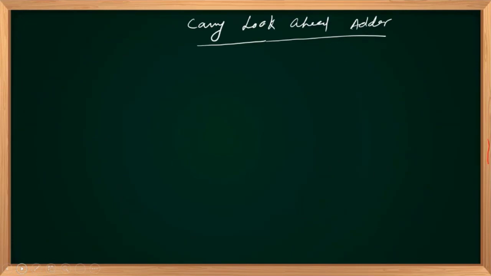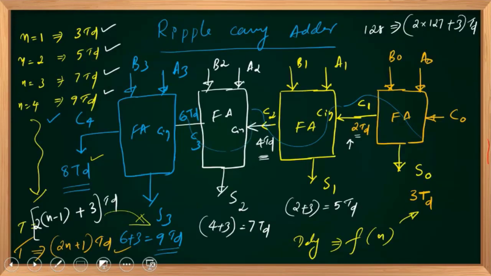Okay. So carry look ahead adder. In carry look ahead adder, what we are trying to do is, here we should wait for carry out. Then only the second full adder is able to operate so that it produces a valid sum output as well as carry output, right?